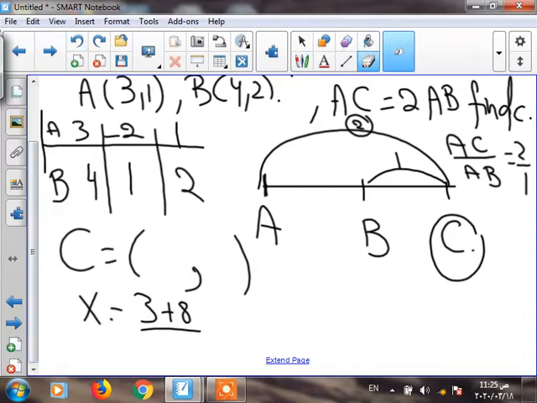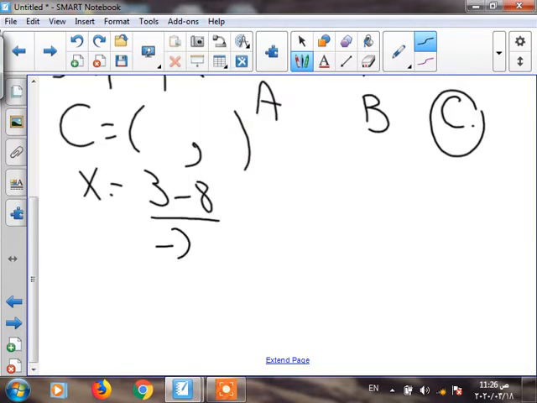Look here, to make x, it's going to be 1 times 3, it's 3, plus 2 times -4, it's -8, over -2 plus 1, it will be -5 over -1, which is 5.